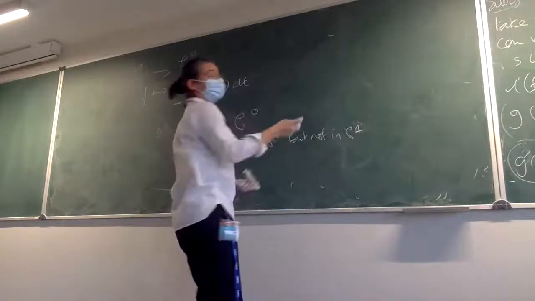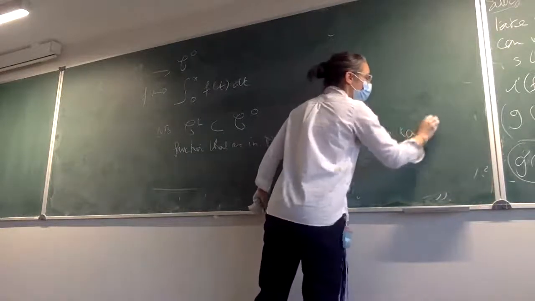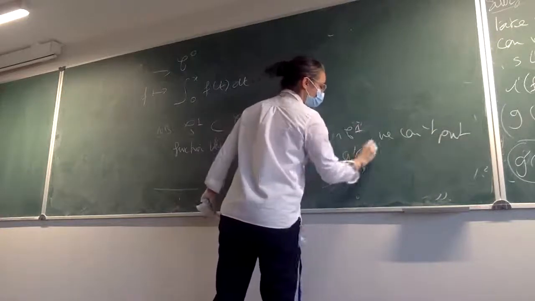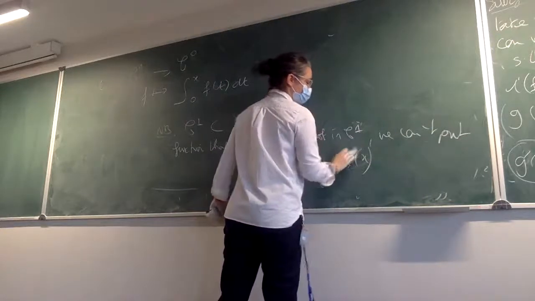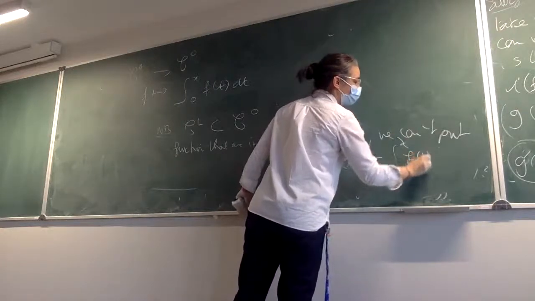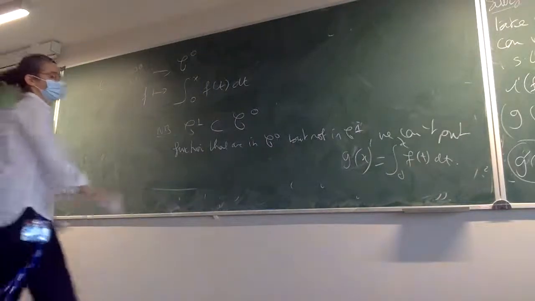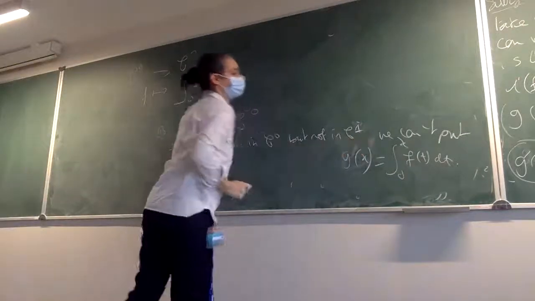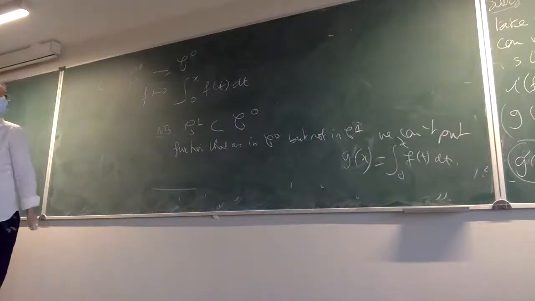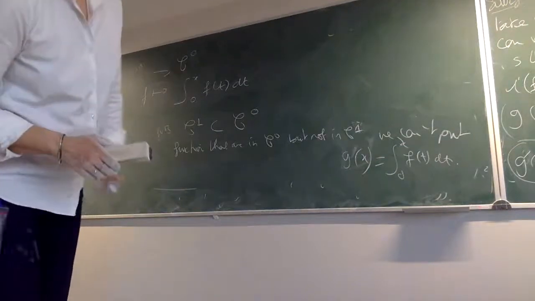We can't define its derivative. We can't put g of x equal to the primitive of some function that is continuous.